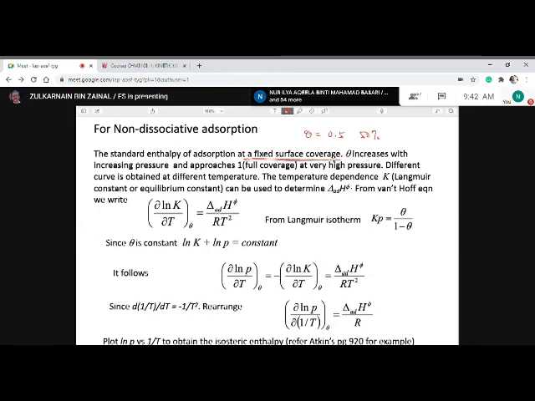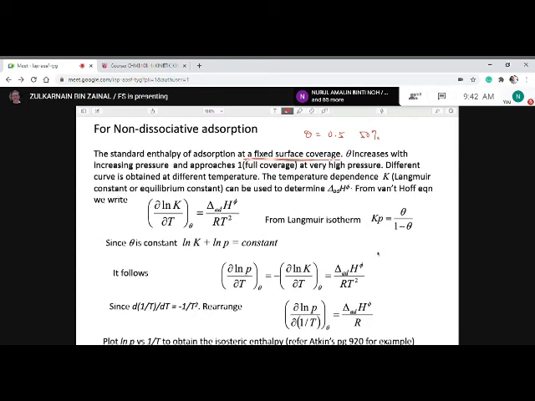And theta increases with increasing pressure and approaches 1 at full coverage, right? At very high pressure. A different curve is obtained at different temperature, right? So you have different temperatures, you can get different curves.